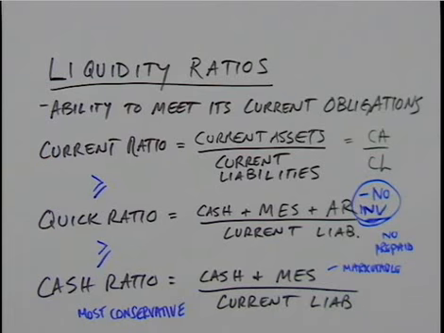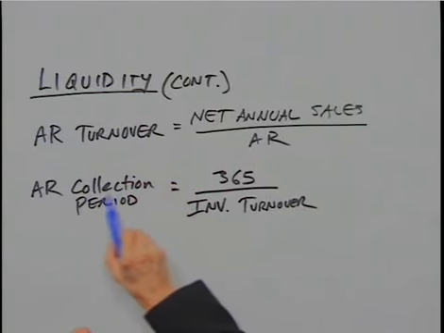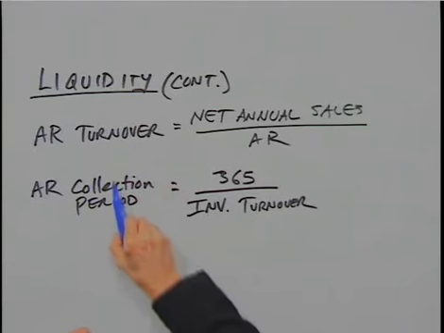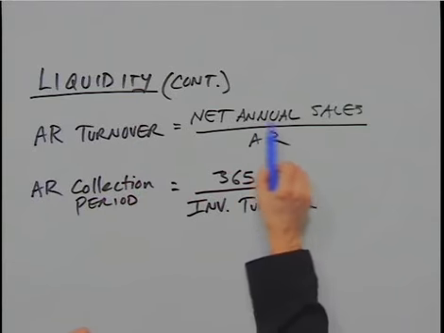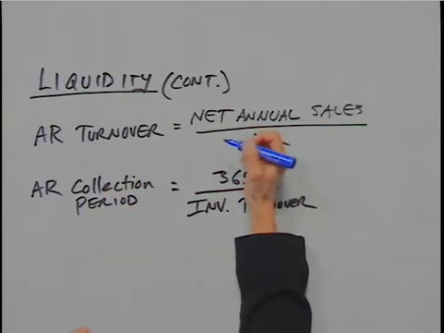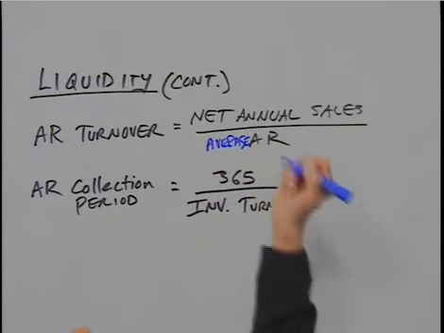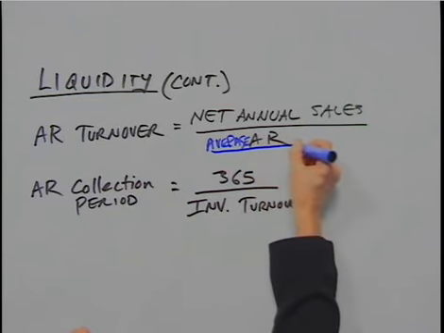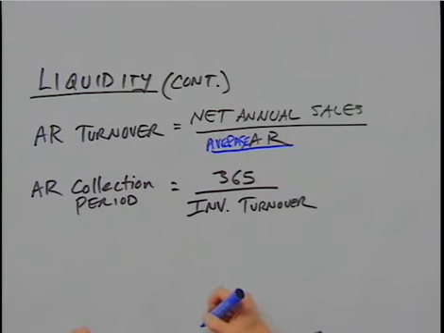So now we're going to move on to some other liquidity ratios. Those liquidity ratios are accounts receivable turnover and accounts receivable collection period. Now, accounts receivable turnover is sales divided by average accounts receivable. Notice it's an average in the denominator.